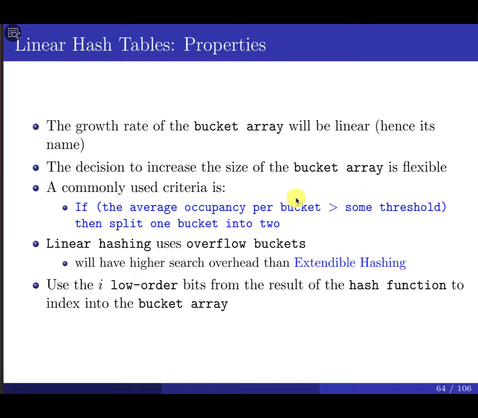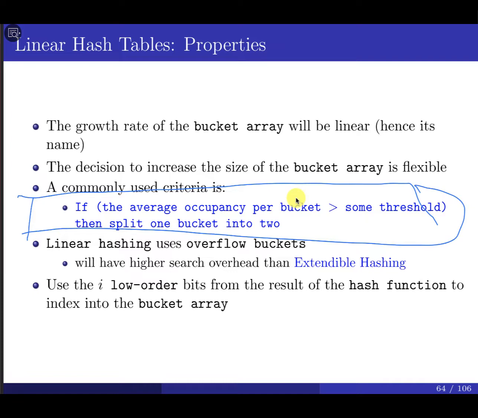Here, there is a different strategy. The decision I'm going to perform in order to tell when I need to add 1 extra bucket means you have to follow the following criteria: the average occupancy per bucket must be greater than, for example, some threshold, okay?